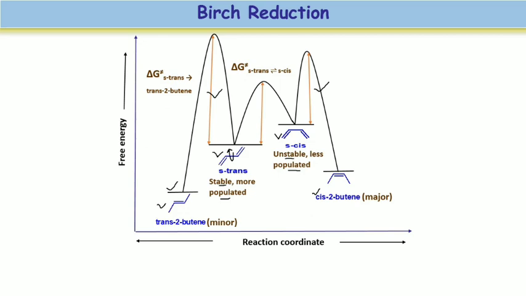Now if I designate it as del G1, and if we denote it as del G2, then del G1 is less than del G2, because whenever we are talking about Birch reduction, the S-cis conformation, which has lower energy pi-star LUMO, can accept electrons more preferentially than the S-trans conformation, which has higher energy LUMO.